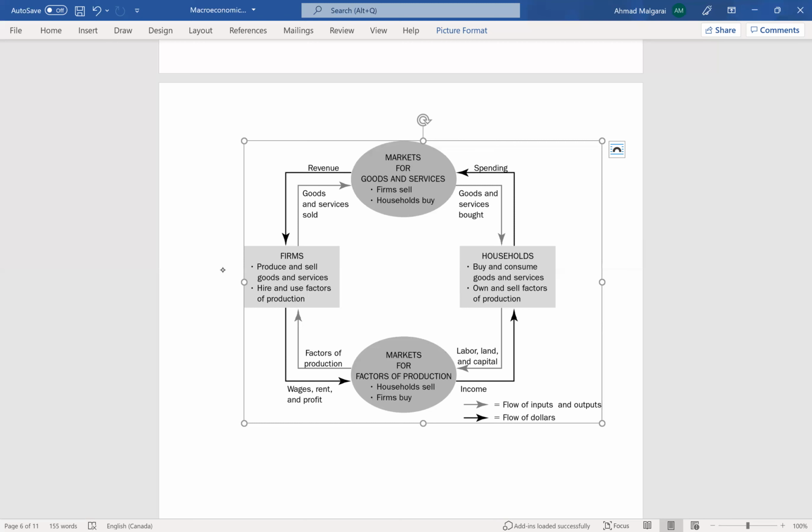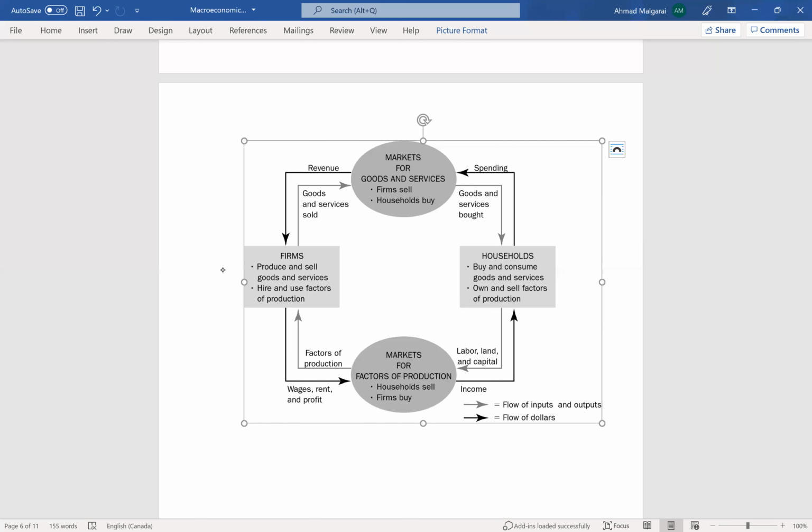However, this simple diagram is somewhat unrealistic, because it omits saving, taxes, government purchases, and investment purchases by firms. Regardless, each transaction always has a buyer and a seller. Therefore, total expenditure in the economy must be equal to total income.